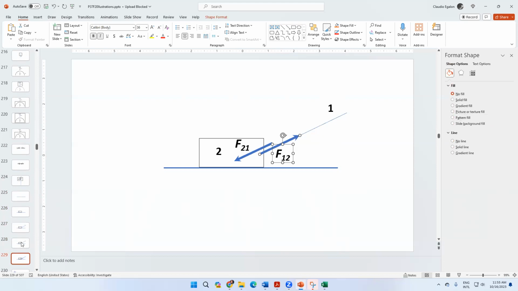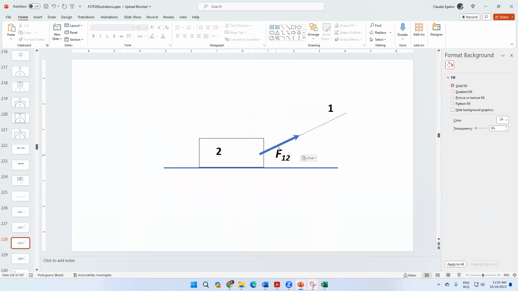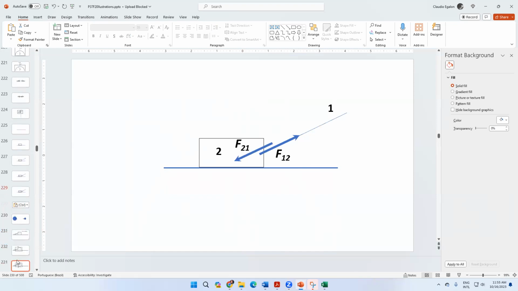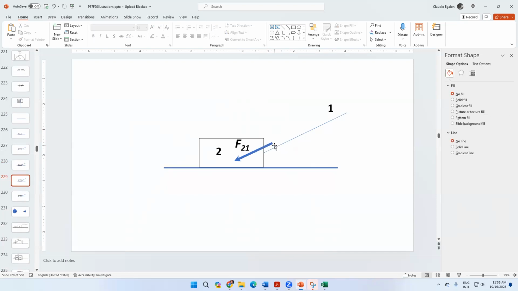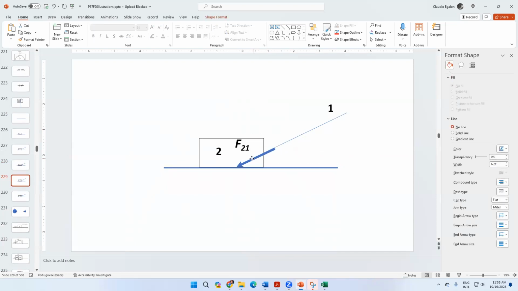The string will apply a force to object 2, force of 1 applied to 2, and according to Newton's third law of motion, object 2 will apply a force on the string in the other direction.